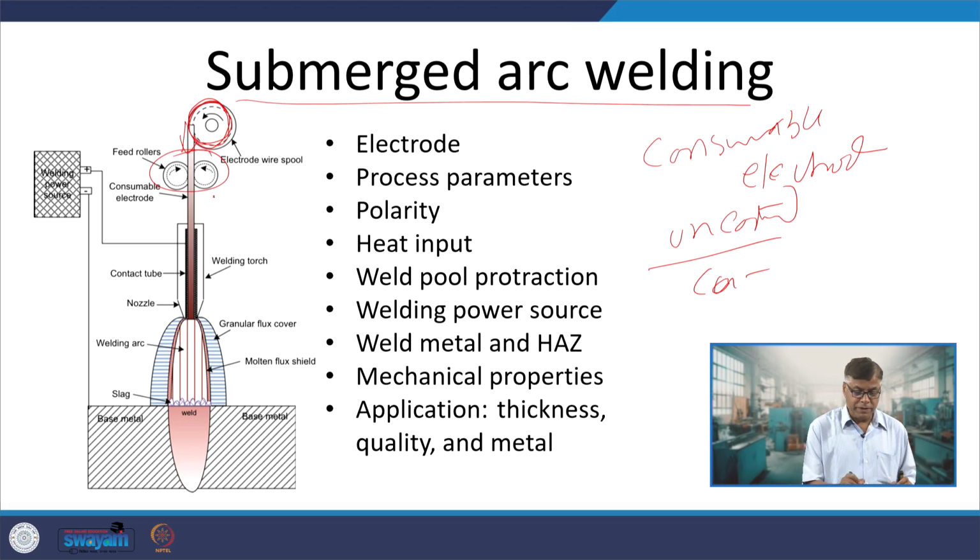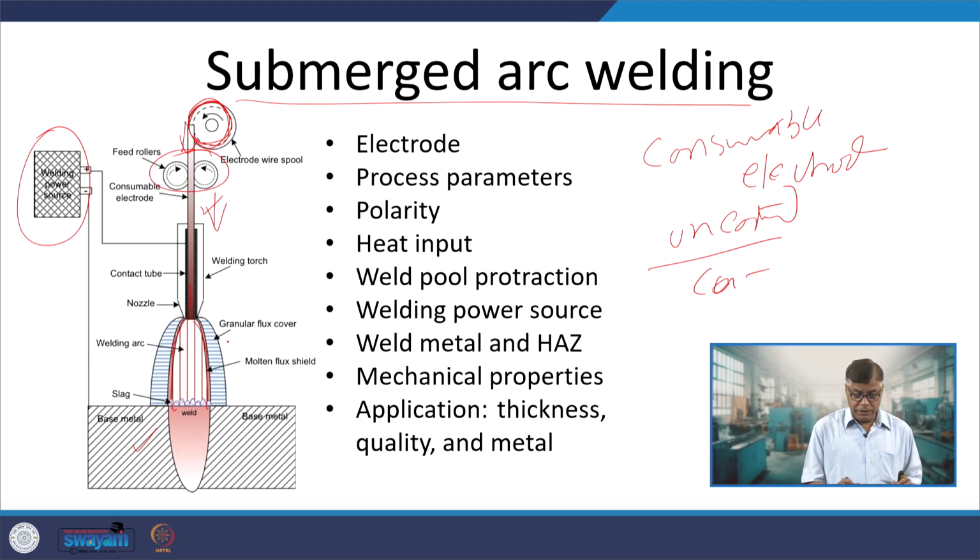So, the electrode feeder will be feeding the electrode through the contact tube, which will be supplying the desired power supply. So, there is a power source which through the contact tubes will be supplying the power to the electrode and the base metal. Then an arc is struck between the electrode and the base metal. Okay. So, this is say arc.